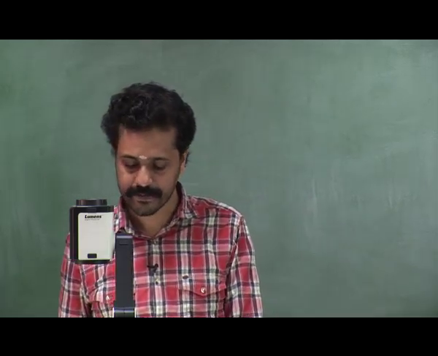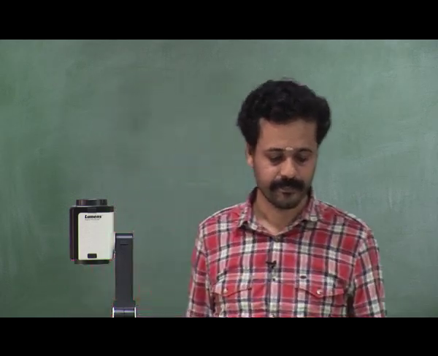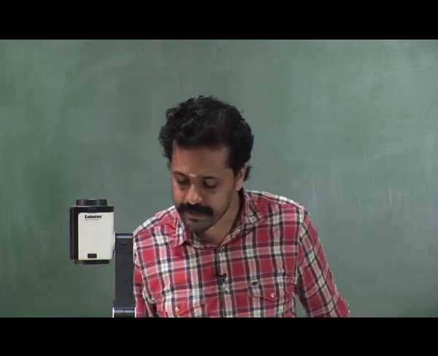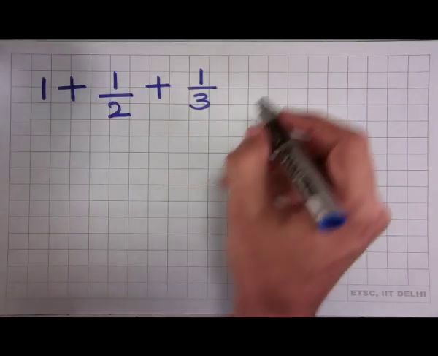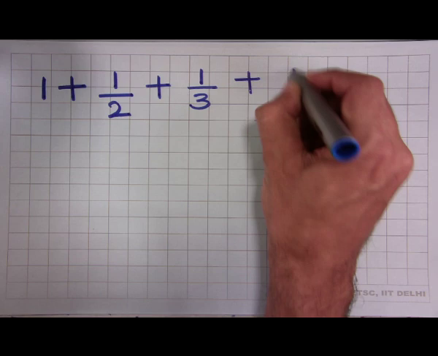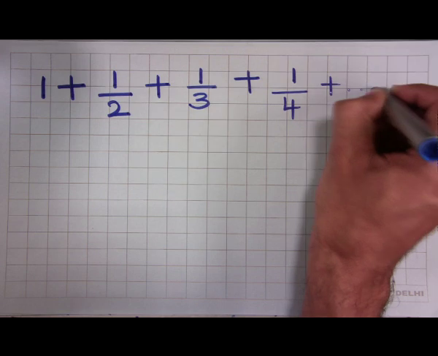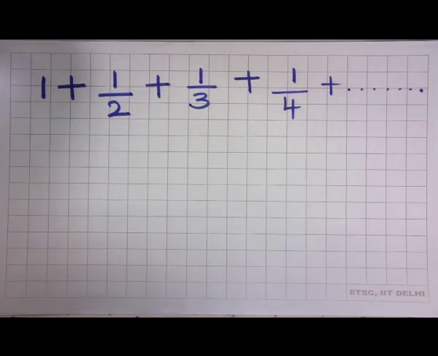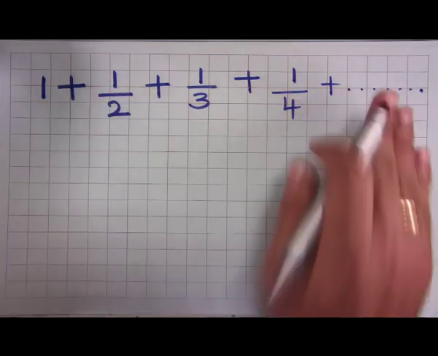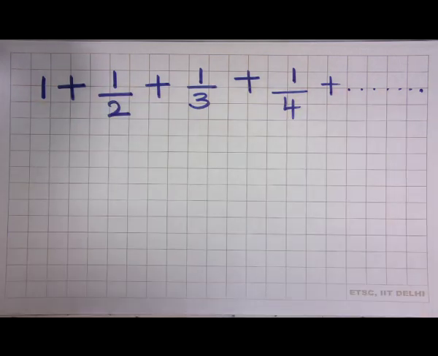For instance, if we are concerned with this sum, 1 plus 1 by 2 plus 1 by 3 plus 1 by 4 plus etc., it's not very clear whether ultimately this infinite sum amounts to a finite value or not.